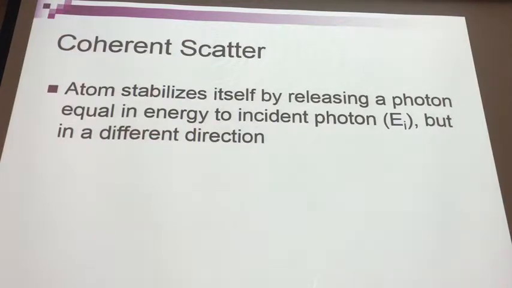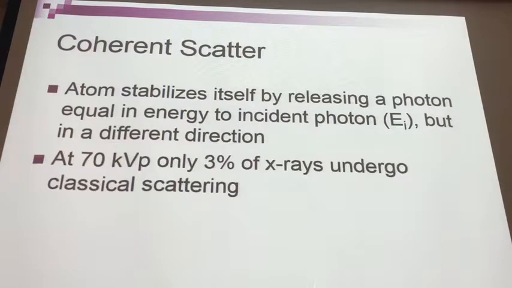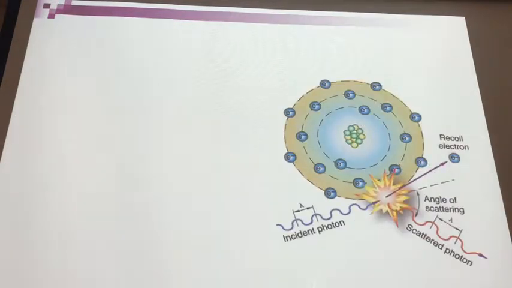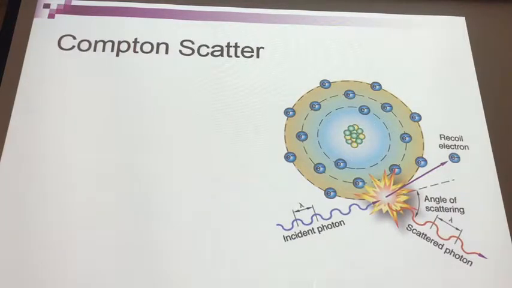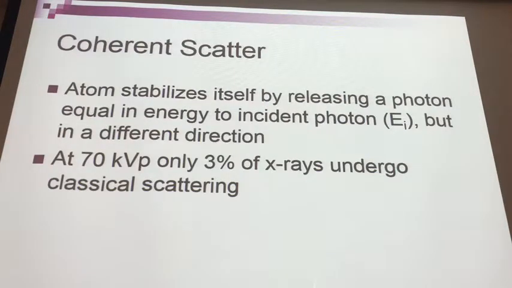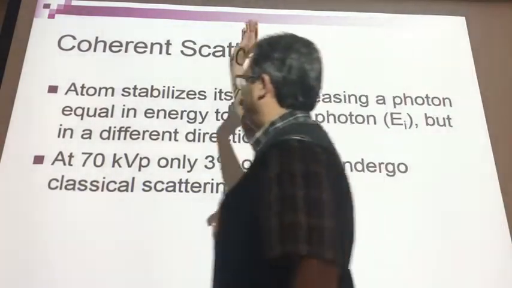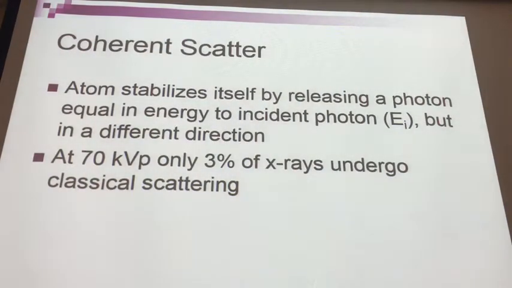Which one is that one? Coherent. I'm sorry, coherent scatter. I thought coherent doesn't remove the electron. Let's take a look. This is what's going on. Oh wow, why did I put coherent there? I'm sorry, guys. Sorry, Compton.